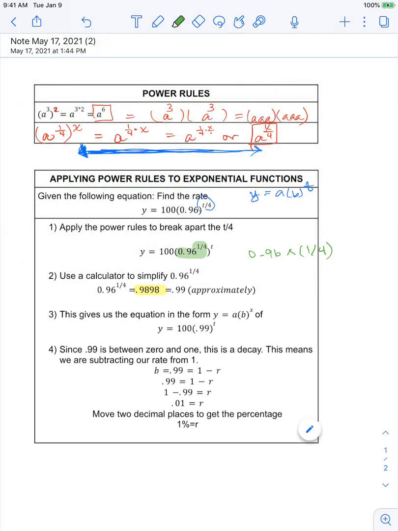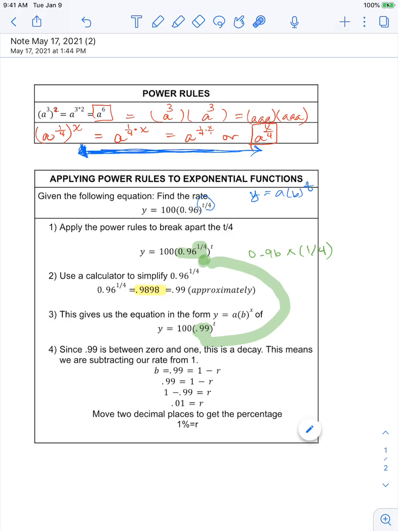So I'm going to take this stuff right here, and I'm going to replace it and put in that 0.99 instead, because I've done the math. Okay. Now I have it really close to this form that I'm looking for. I have it really close to this y equals a b to the t. I've got y equals a b to the t, right? So that's where I wanted it to be.